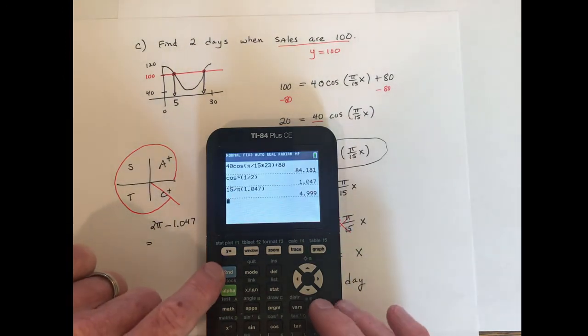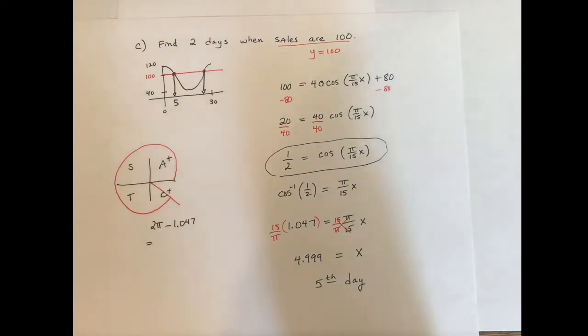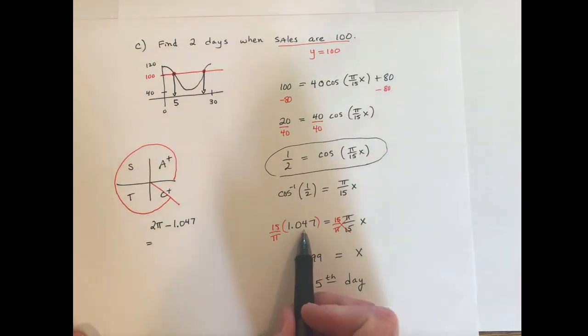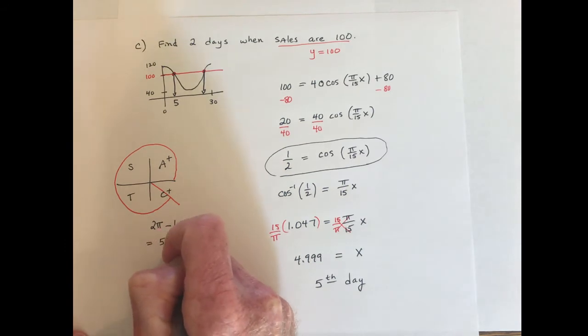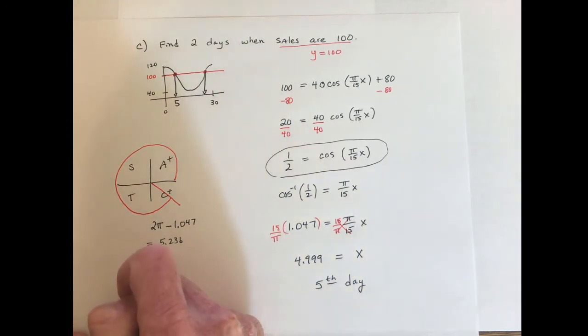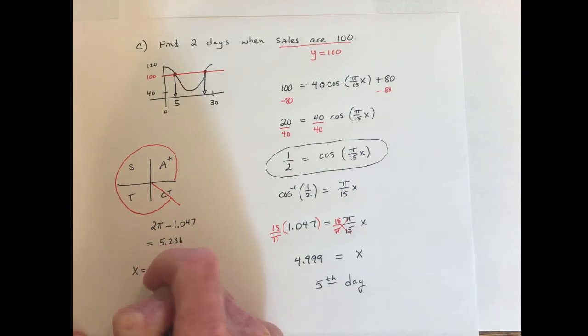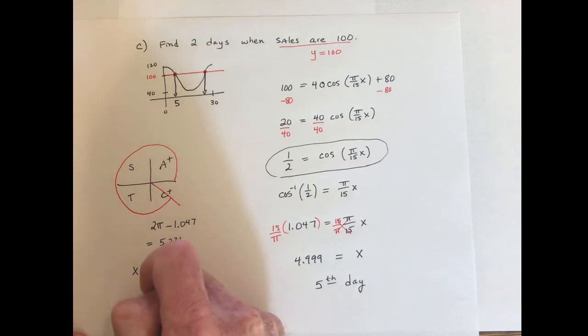So 2 pi minus 1.047 is 5.236. And then that 5.236 would go right here. When you put a 5.236 right here, it still needs to be multiplied by pi over 15. So another answer would be, you have to multiply the red part, 15 over pi.